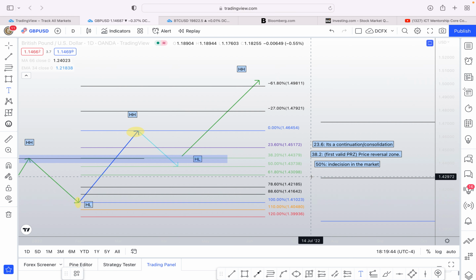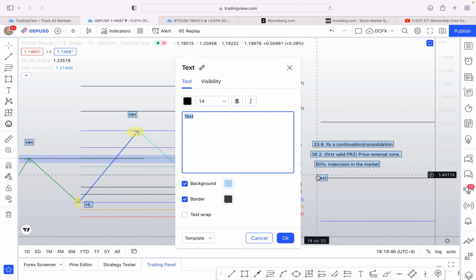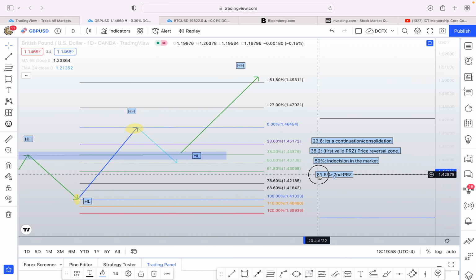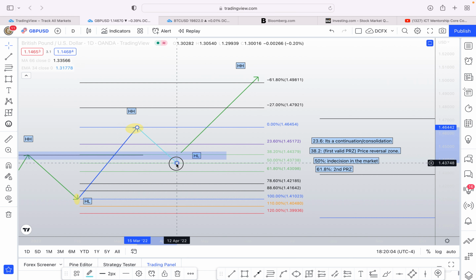Okay, 61.8% is the second PRZ zone, where the market does like to come to, and from these points it does reverse and it goes to make a new higher high.